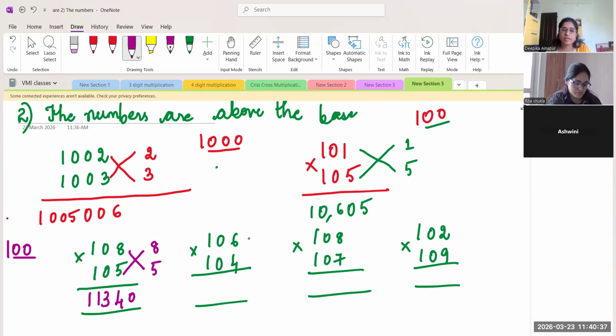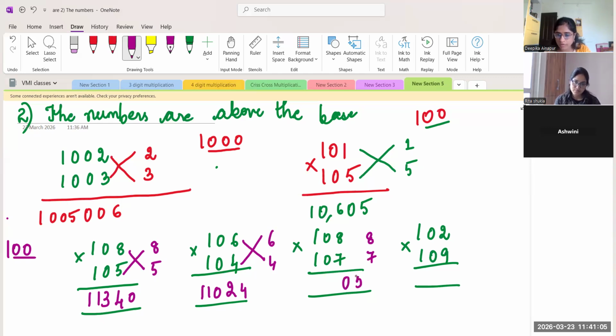That's it. Yeah. 106 minus 100, that is 6. 104 minus 100, that is 4. 6 fours are 24, right? And then just do the cross addition. 106 plus 4 is 110, or 104 plus 6 is also 110, right? And 108 minus 100 is 8. 107 minus 100 is 7. 8 sevens are 56.